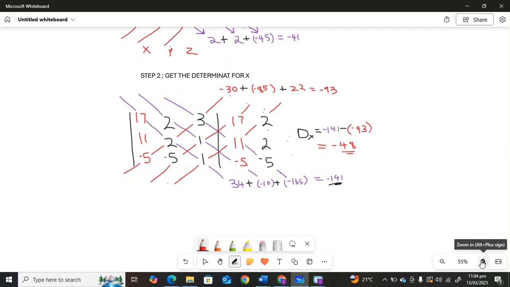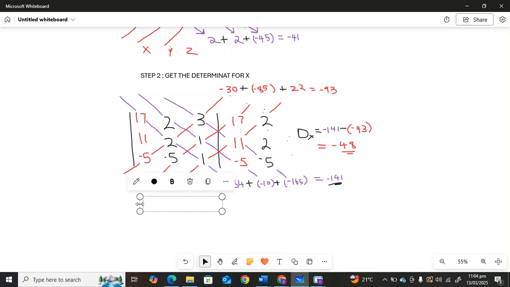Step 3. Get determinant for y. So what's the first thing we do? What is the first thing that we need to do?